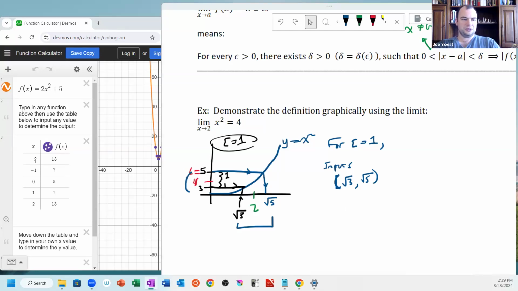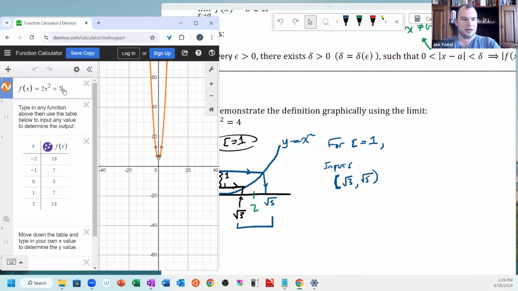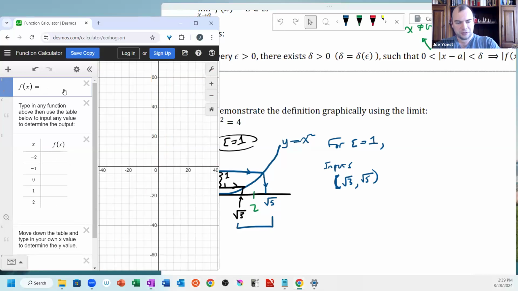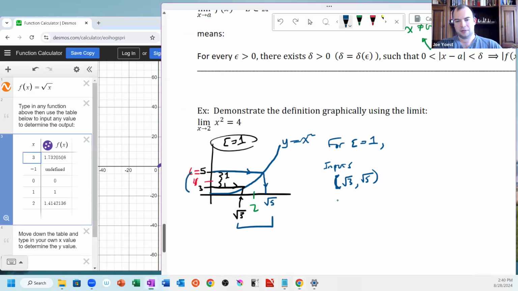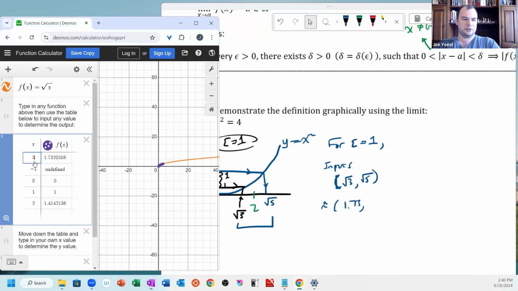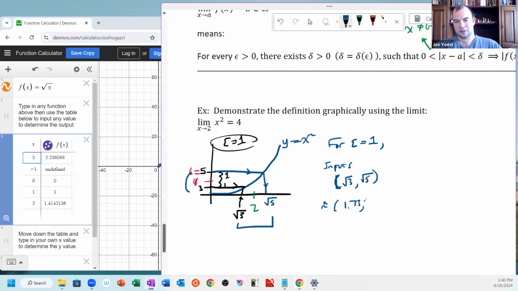Okay, so what is square root of 3? I'm just going to use it as a calculator like this, about 1.73. Up to square root of 5. What's square root of 5? About 2.24.